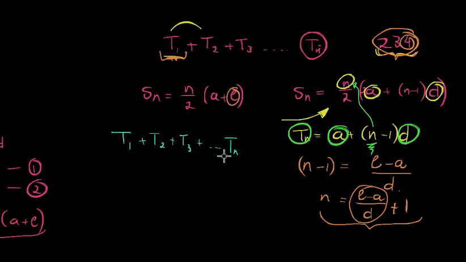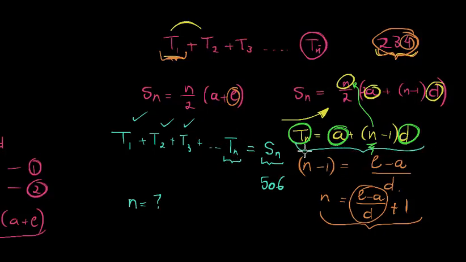You just know that there's a last term, and they say the sum is equal to a known value, like 506 or something. So you know what the sum is. You're not asked to find the sum, you're asked to find n, the number of terms. So you have this and this, and you have to find the number of terms this time. So we can't use this formula because we don't have this Tn value.